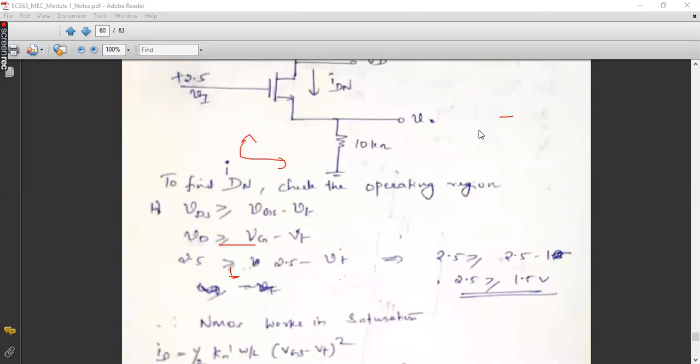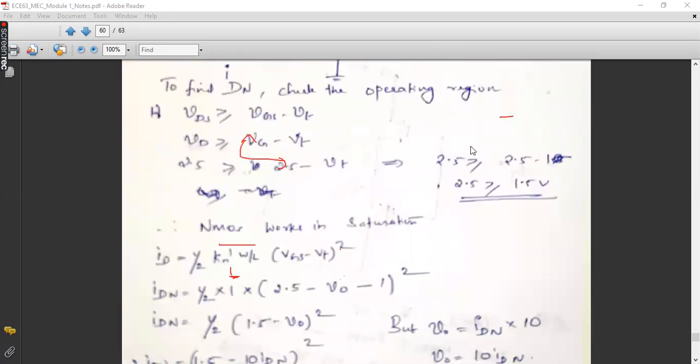Clear? So instead of putting VGS, you will substitute 2.5 minus V0. Again, I am repeating, VGS means the potential difference across the gate and source, that is VG minus VS. VG is 2.5, and VS here is V0 because across the source only we are taking the output. So 2.5 minus V0 minus our threshold voltage 1, that is 1.5 minus V0, the whole square.